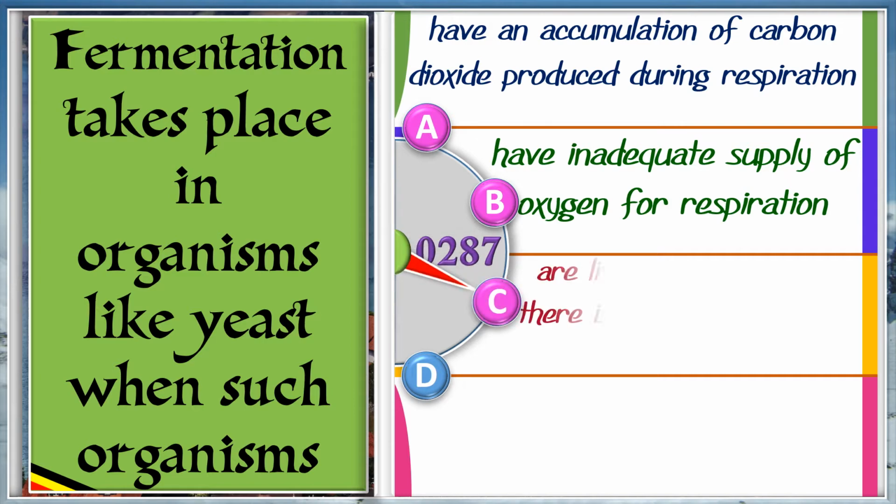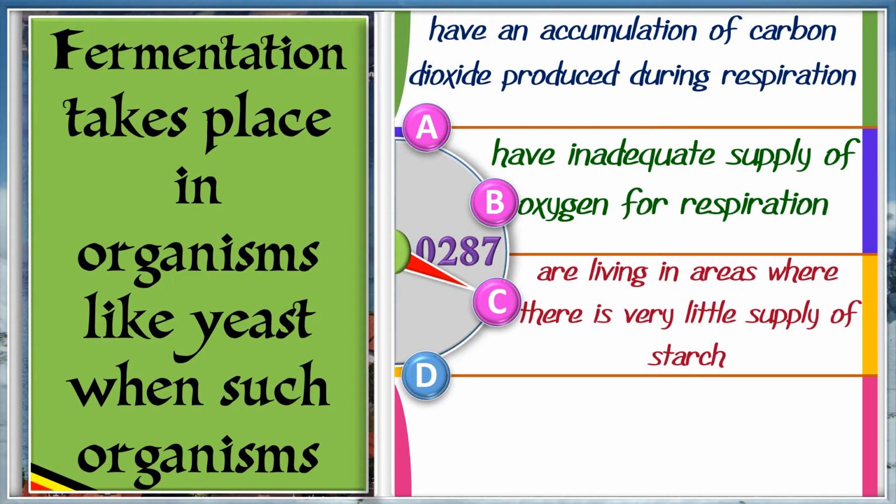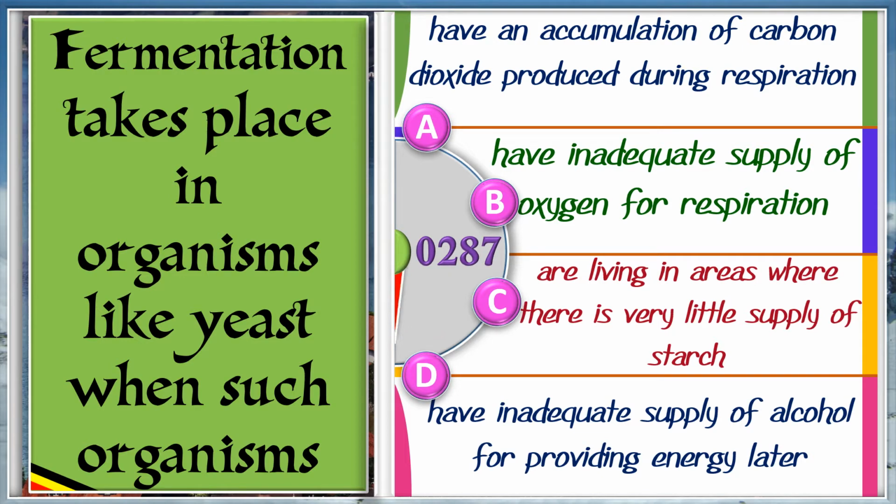C. are living in areas where there is very little supply of starch. D. have inadequate supply of alcohol for providing energy later. And the answer is A, have an accumulation of carbon dioxide produced during respiration.